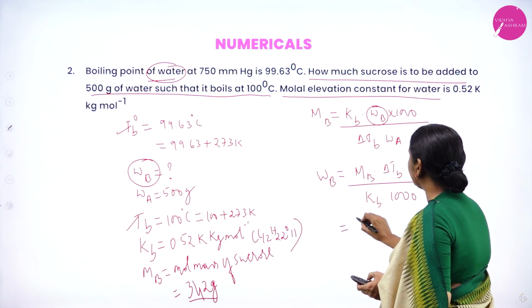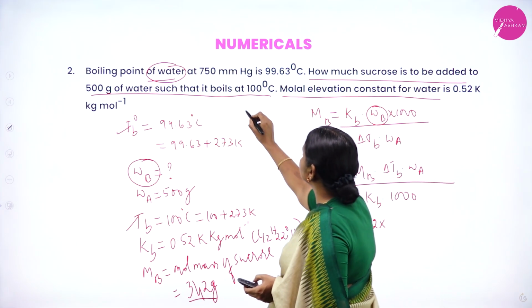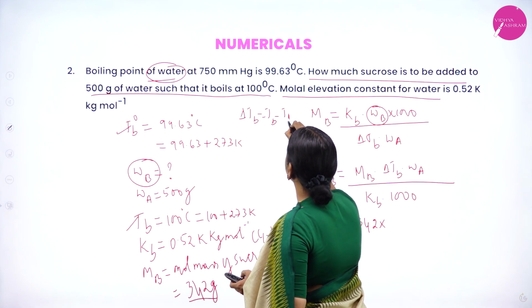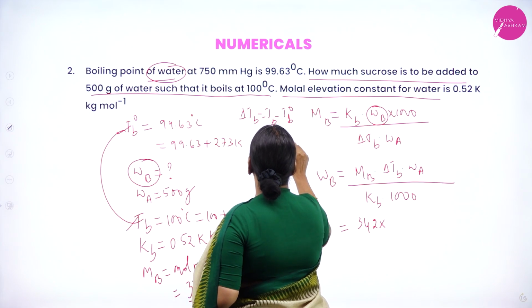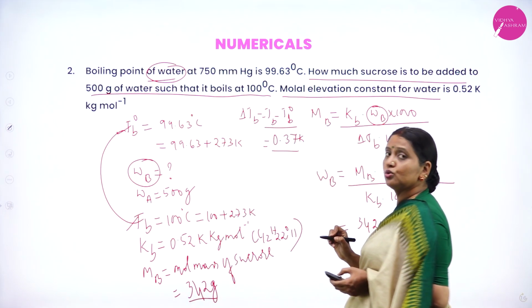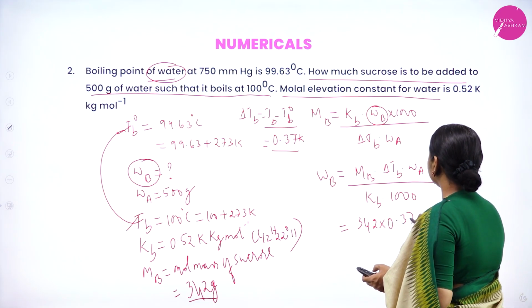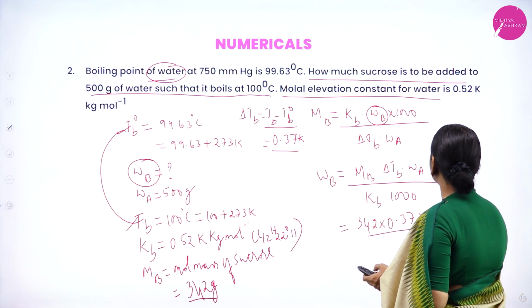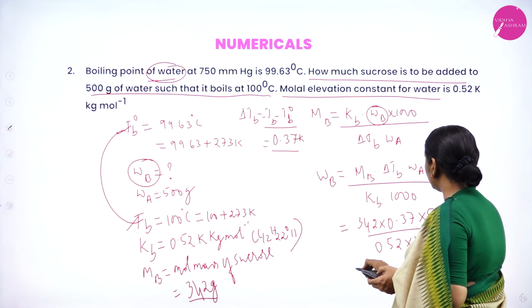What is MB? MB is 342. Delta TB is TB minus TB naught, the difference between the boiling point of the solution and the boiling point of the solvent, which is 0.37 Kelvin. WA is 500 gram, KB is 0.52, into 1000.